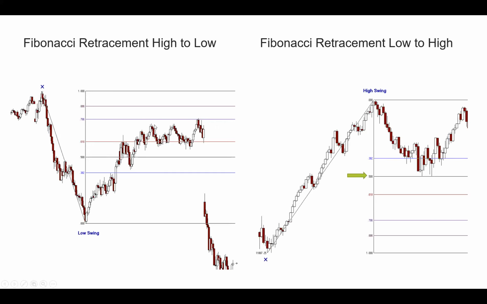I'm going to show you this in the backward fib levels in just a few minutes. But a lot of technical analysis is learning how to observe price behavior in different types of market environments, expanding or contracting. Your expansion is your trending markets, and your contraction is your ranging types of markets.